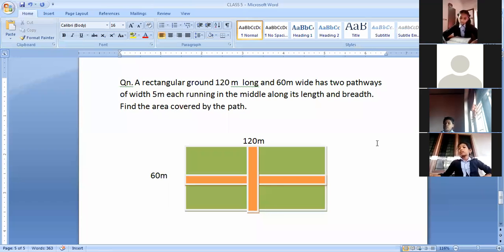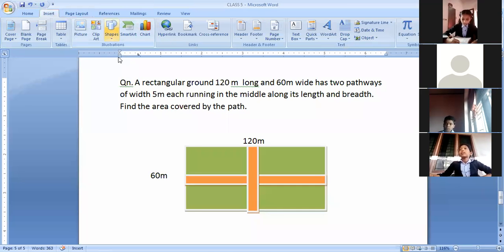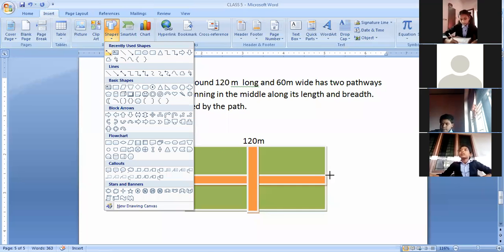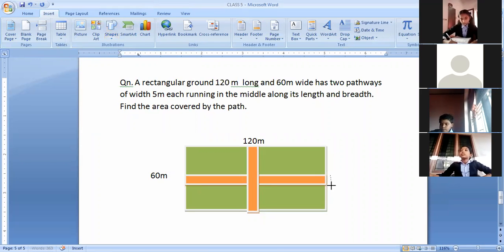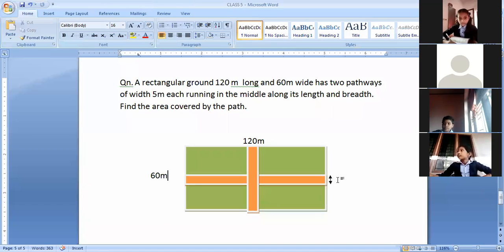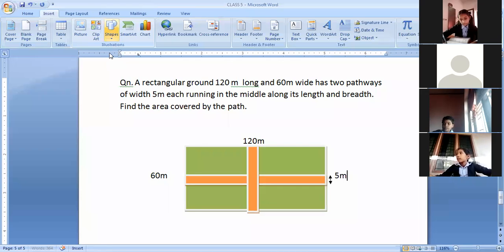And we know its width, right? What is its width? It's 5 meter here. Here also it's 5 meter.